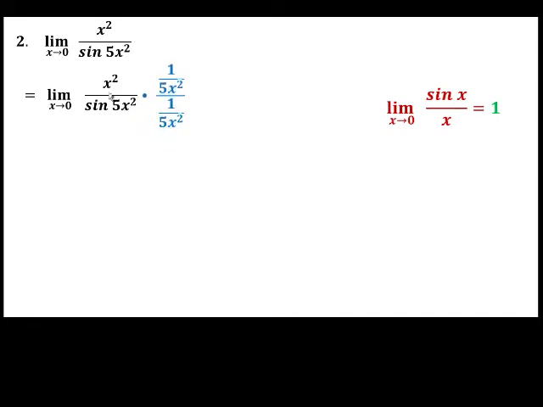We multiply both numerator and denominator by 1 over 5x squared, so that as we distribute 1 over 5x squared in the denominator, we have this expression sine 5x squared over 5x squared, which according to the theorem is equal to 1, and cancel out x squared in the numerator, and we are left with 1/5 over 1, or equal to 1 over 5.